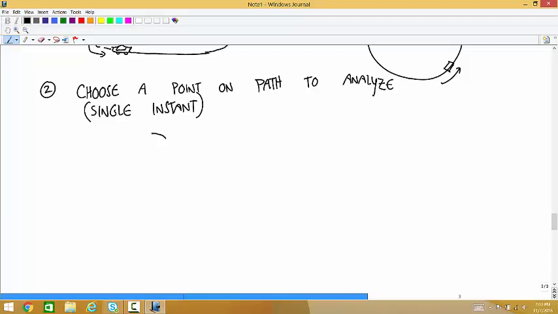So if now this is your circular path and you've chosen a coordinate system like this, let's say that the point you choose to analyze is down here at the bottom of the circle.